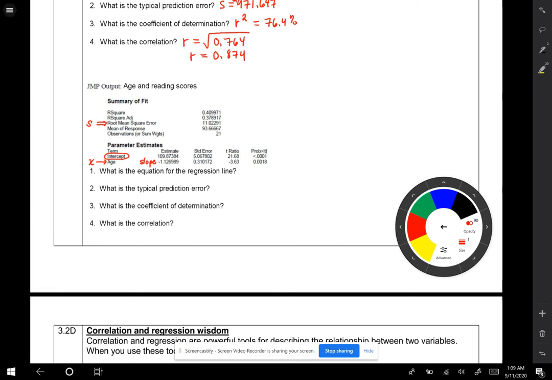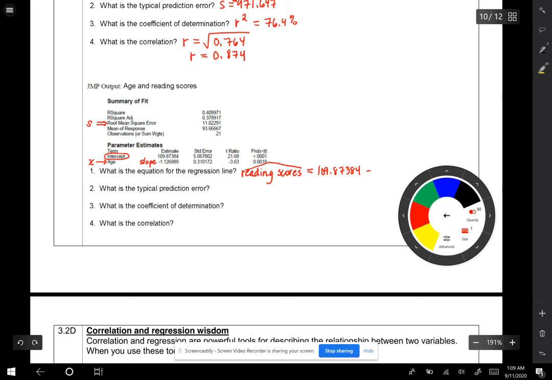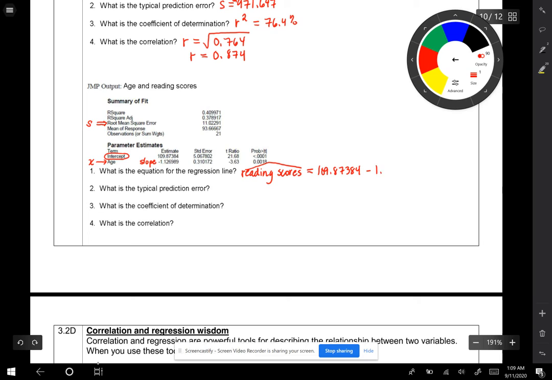So the equation for the regression line is the predicted reading scores is equal to your y-intercept minus 1.126989 times the age.